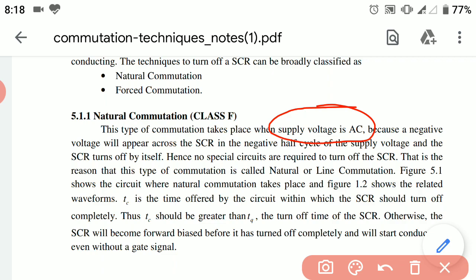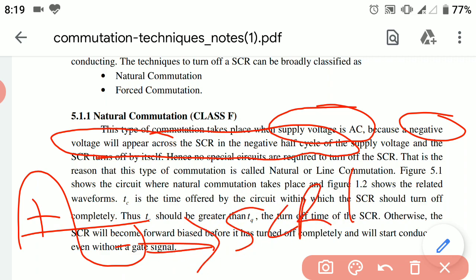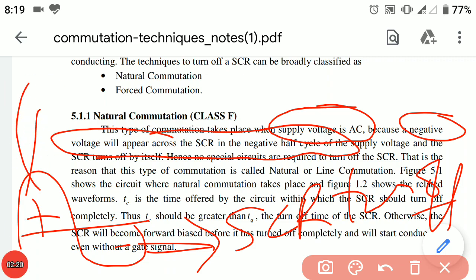Why do we use an AC supply voltage for this commutation technique? Because a negative voltage will appear across the SCR in the negative half cycle of the AC voltage. AC voltage has positive and negative peaks. Whenever a negative peak comes, the SCR will turn off due to reverse bias, and when a positive peak comes, it will start conducting.